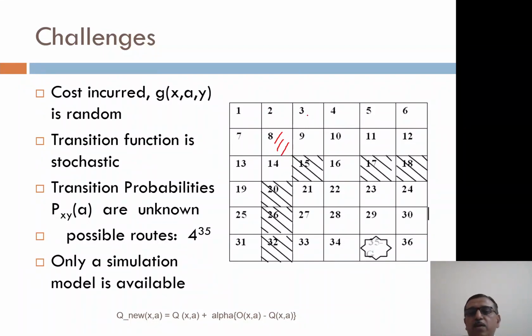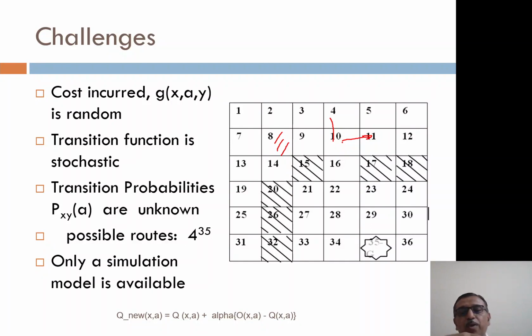That is, if you are in cell 10, if I say move right, it will move right. If I say move up, it will move up. If I say move down, it will move down. But it could be that if you say move right, it may move right with a probability 0.9 and it will remain there with some small probability. Such cases could be there.